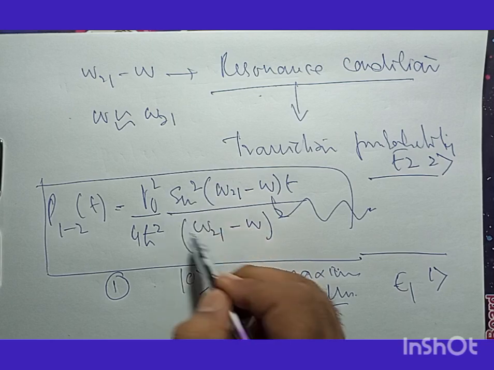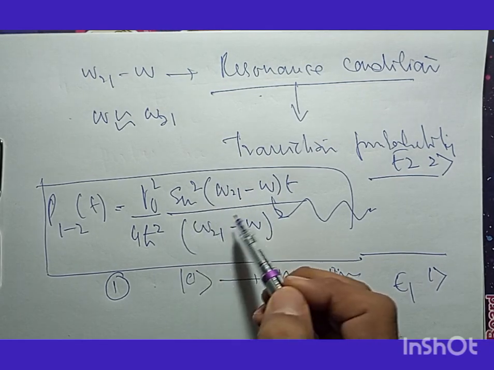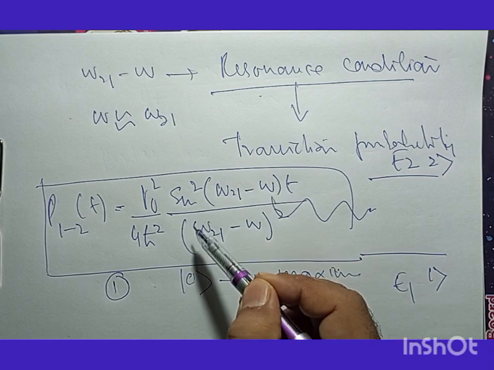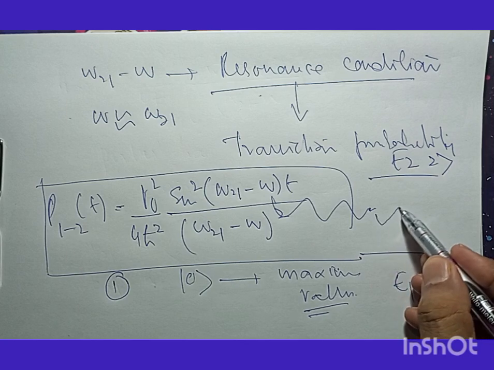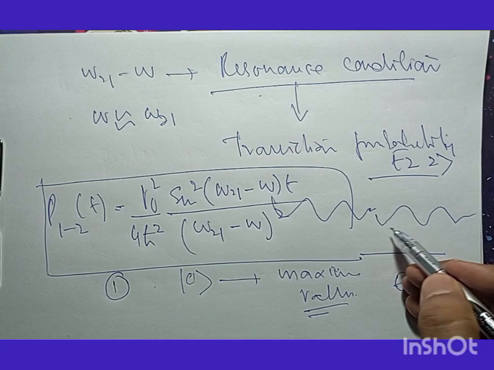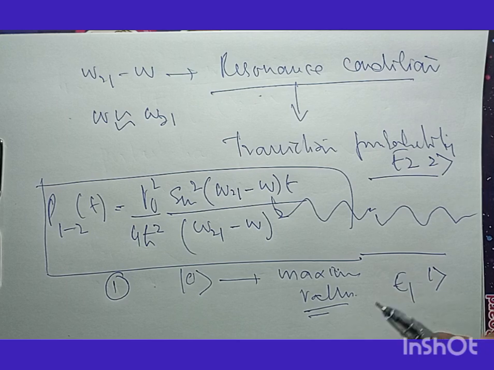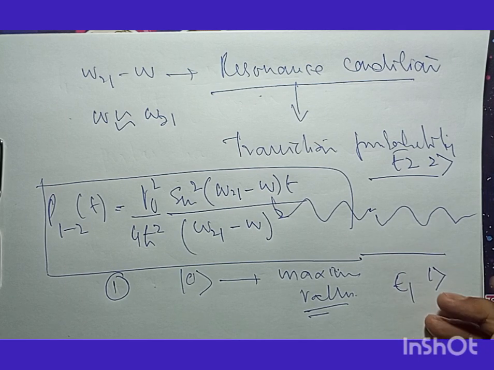The sine function that we have here captures the fact that the probability grows and then shrinks, and then grows and then shrinks, showing that periodic nature, reflecting the coherent nature of quantum transitions.